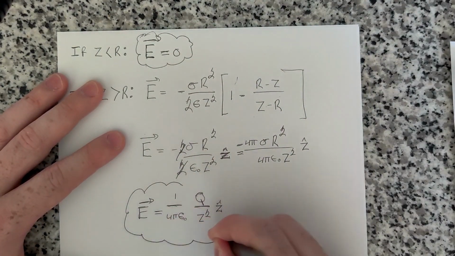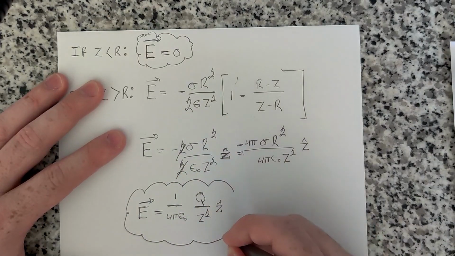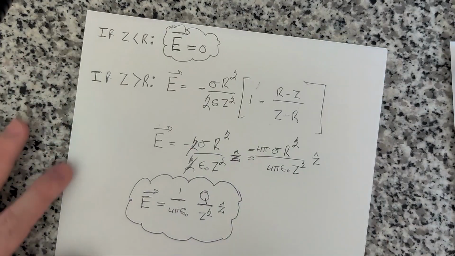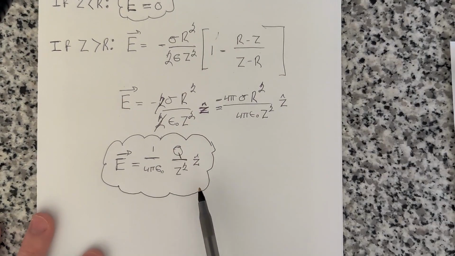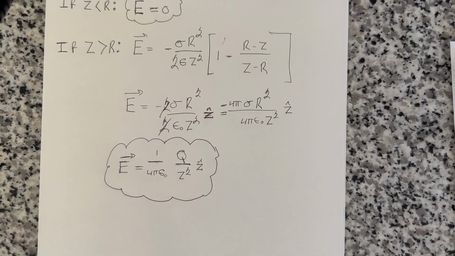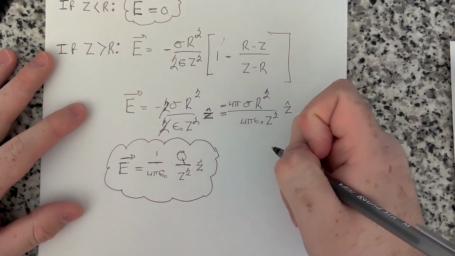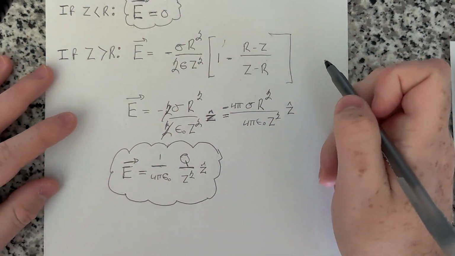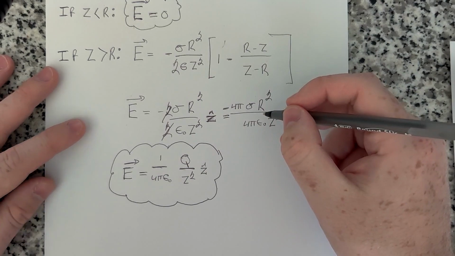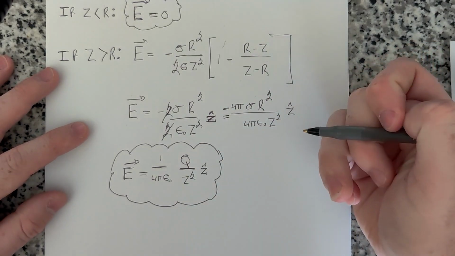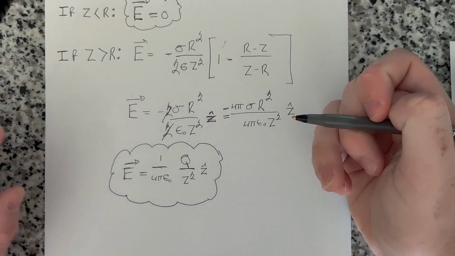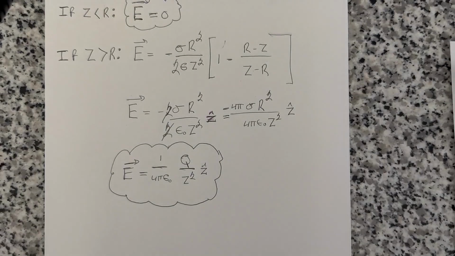So it looks like we are off by a minus sign. However, if you recognize this, this is just the electric field of a point charge.